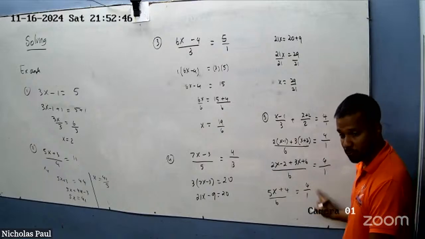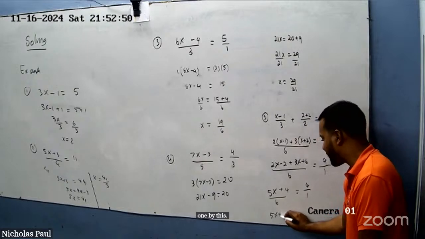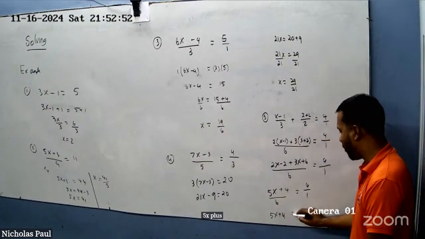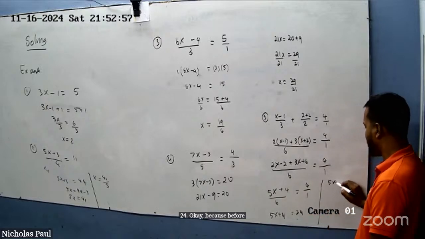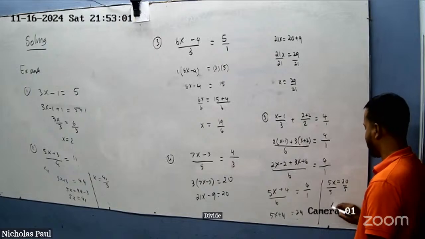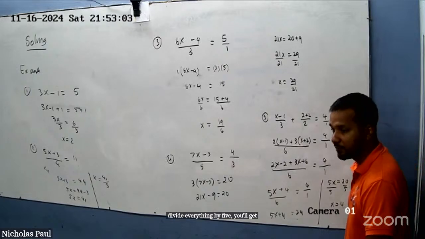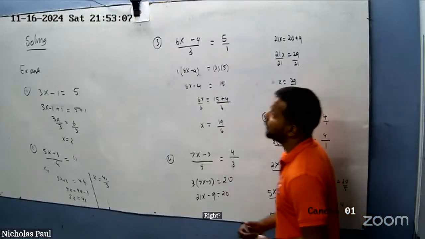Cross multiply. 1 by this is 5x plus 4, and 6 by 4 is 24. Carry across the 4, and you'll get 5x is 20. Divide everything by 5, and you'll get x is 4. Copy down. Let's try our next one.